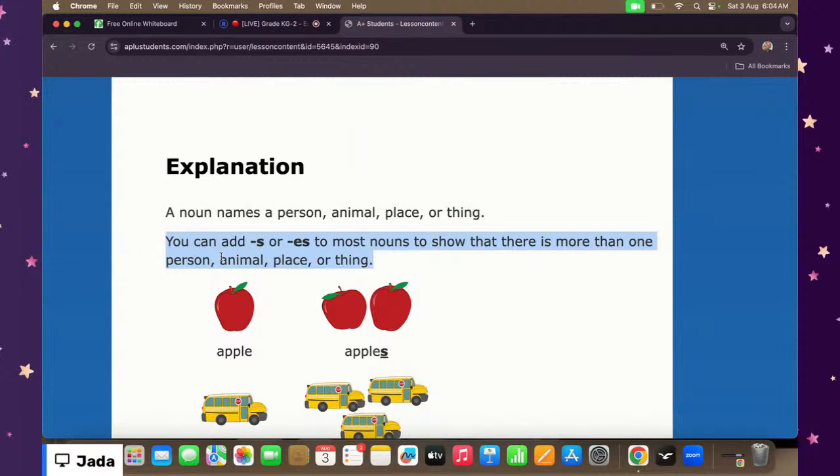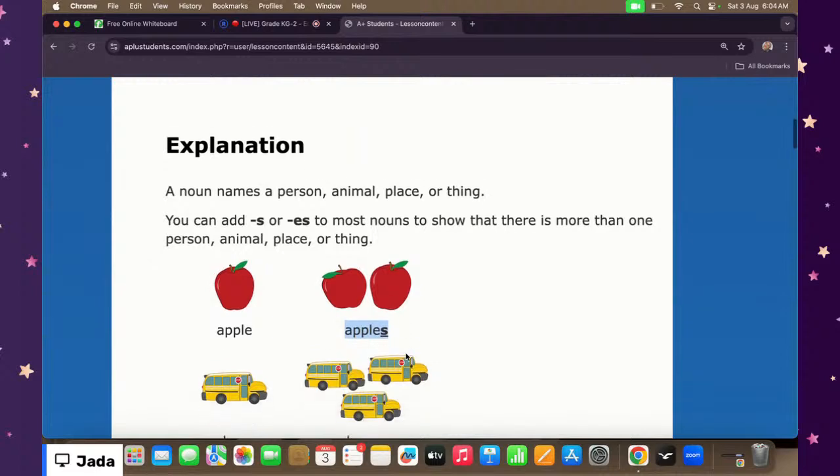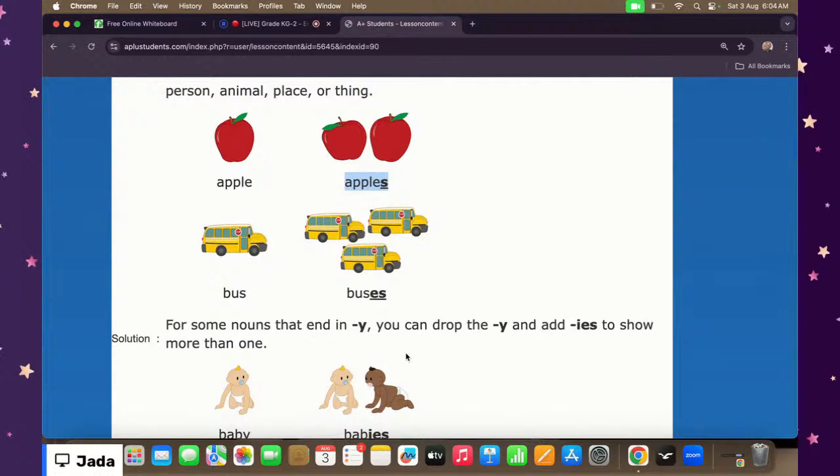So as usual, we will add s or es when it is plural. Just like when we have two apples here, because it is two apples, that means it is plural, we will add s to it. Whenever you have the plural, you add s to it. And then we have buses.